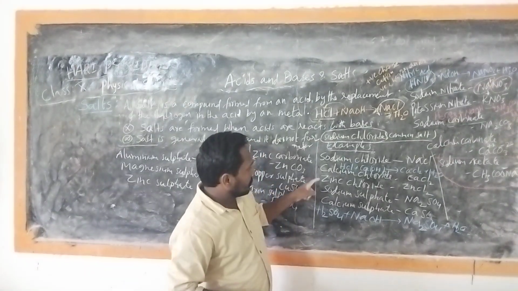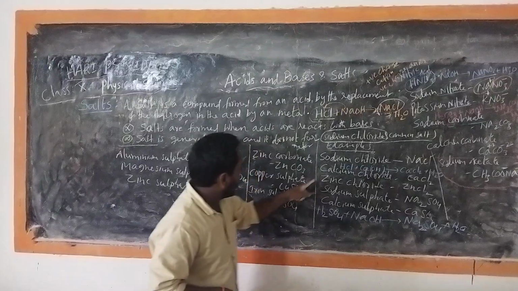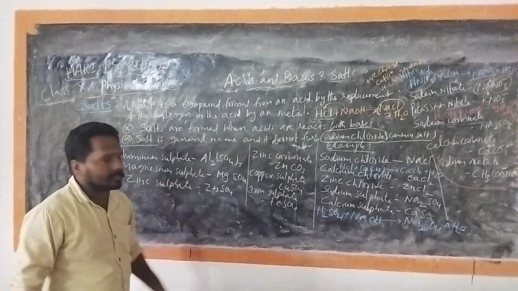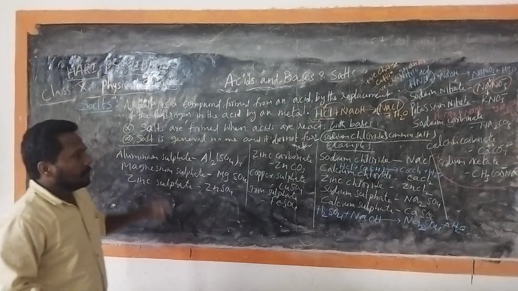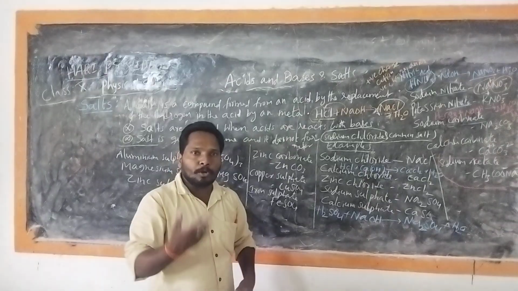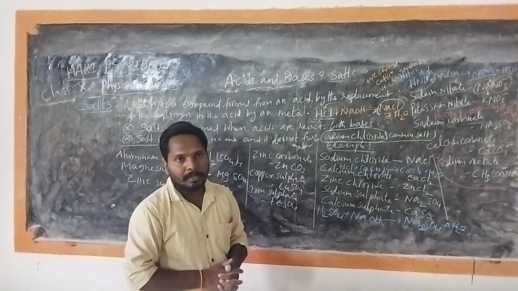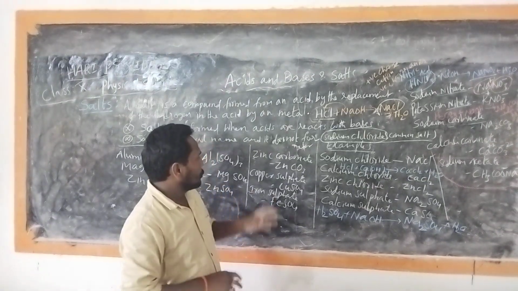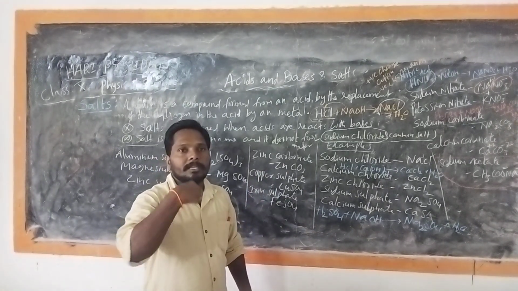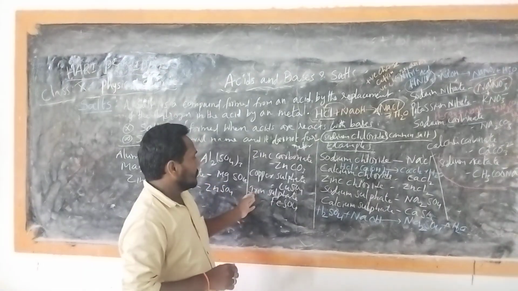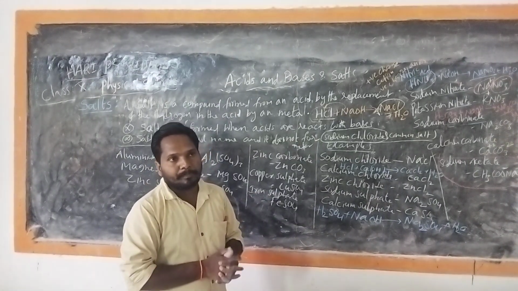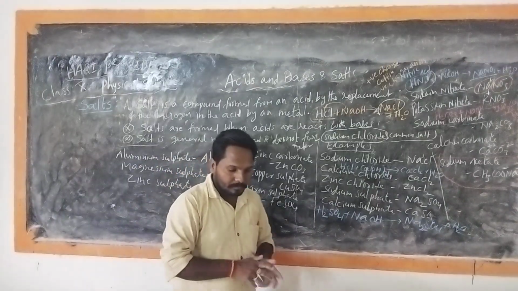Zinc chloride, zinc carbonate, zinc sulfate are zinc salts. Aluminium sulfate and aluminium chloride are the aluminium family. Copper sulfate, copper chloride, copper carbonate are the copper family. Iron sulfate, iron chloride are the iron family.